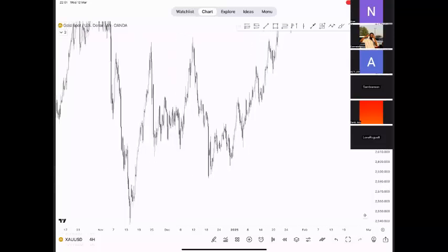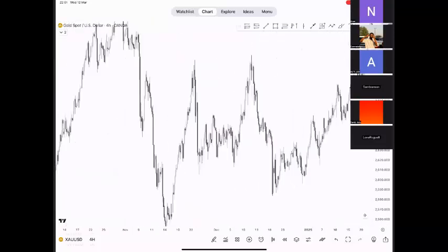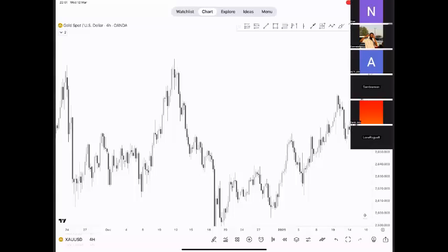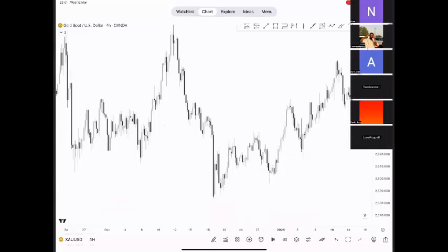If you look at what happened here, we have this pullback. Let's say this one now. You can see that the distance between this and this is just like two candlesticks. So it's not really buttressing the point of a higher low and a higher high.